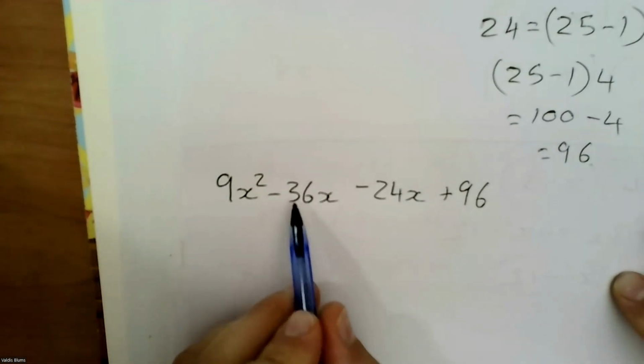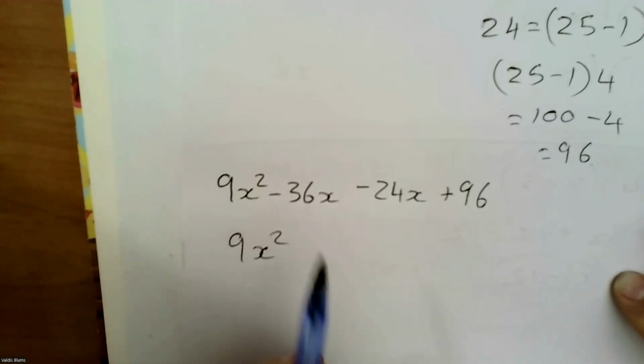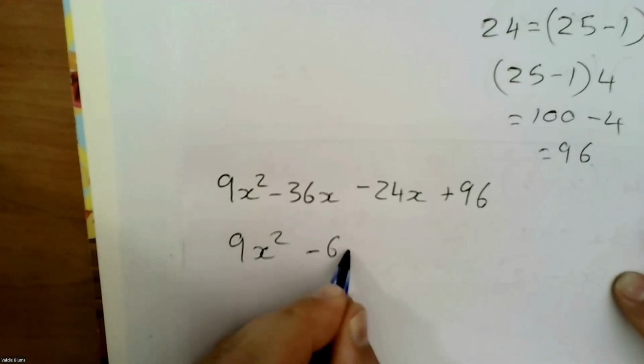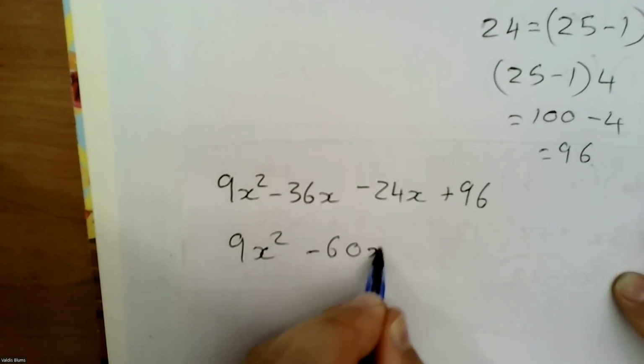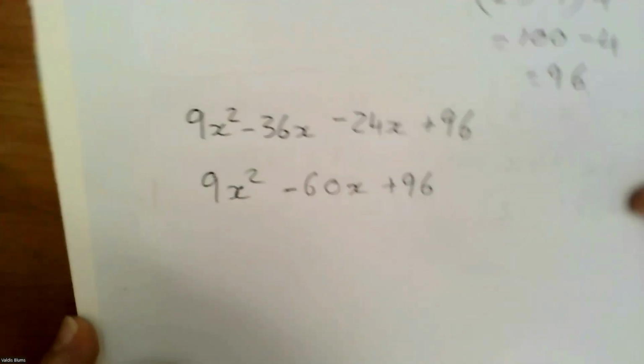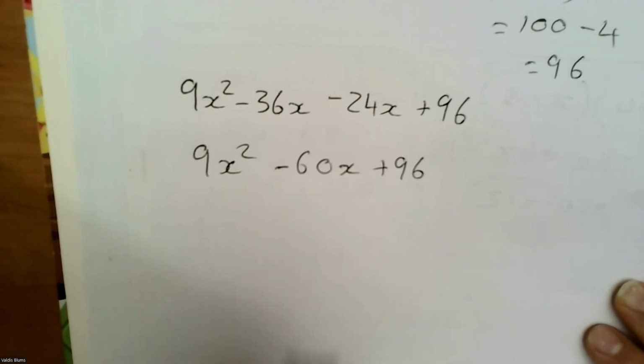So we have a negative number, we're making it more negative, 9x squared, 30, 40, 50, 60. So we have negative 60x plus 96.